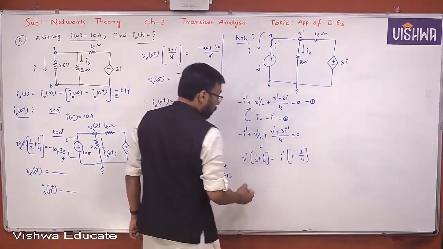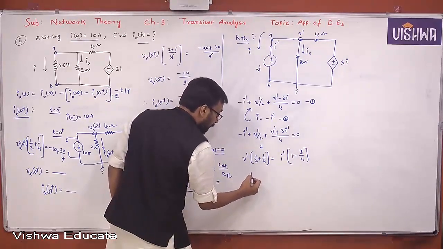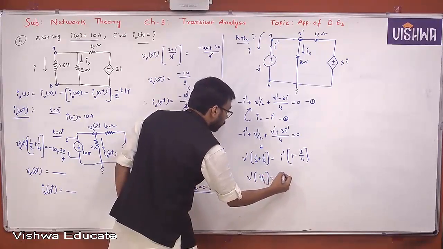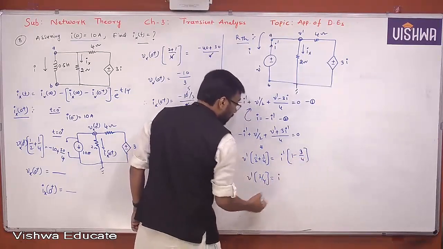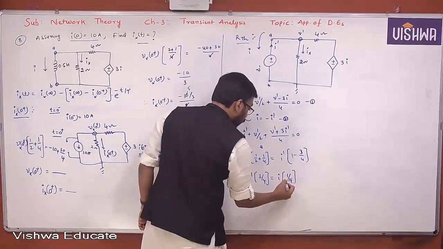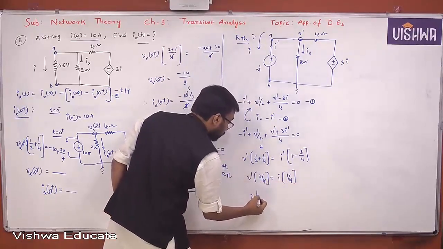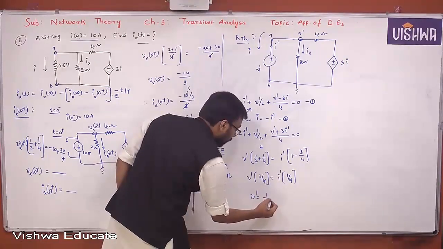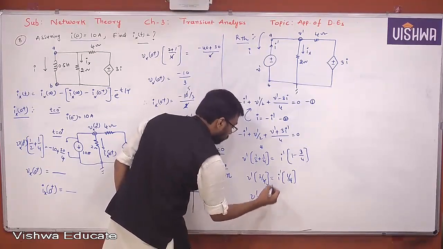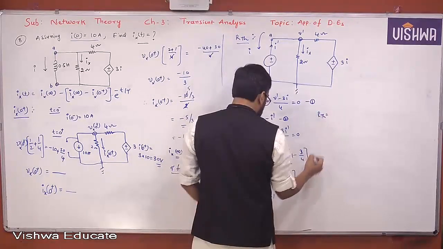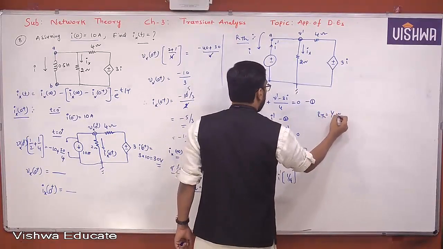So V dash of 3 by 4 is equal to I dash of 1 minus 3 by 4. 1 minus 3 by 4 is 1 by 4. So 4 will get cancelled and V dash is equal to 1 by 3 I dash. So RTH is nothing but 1 by 3 ohm.